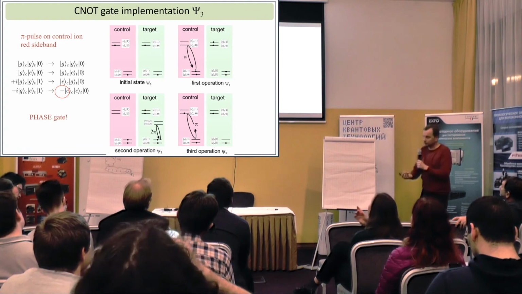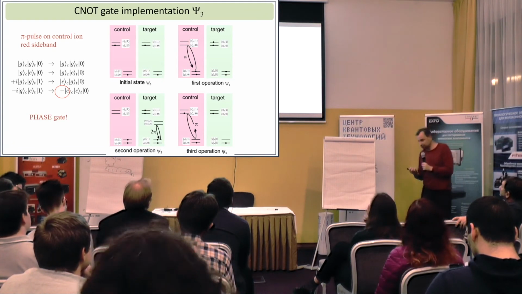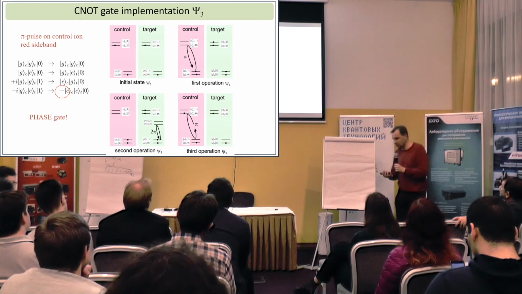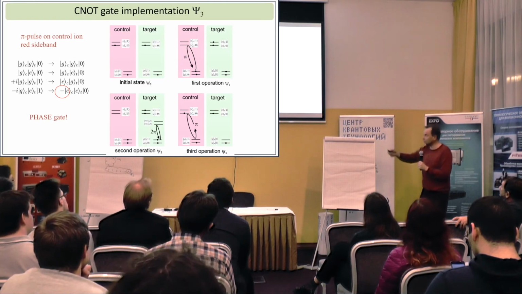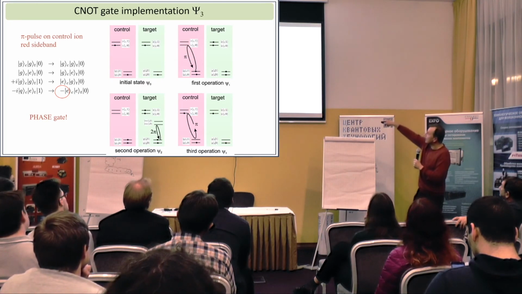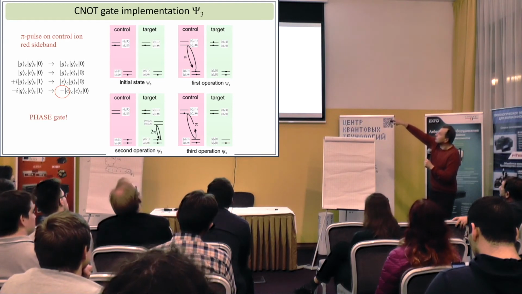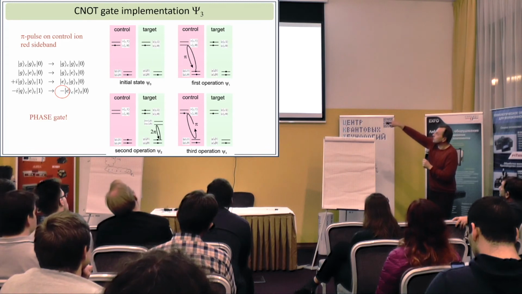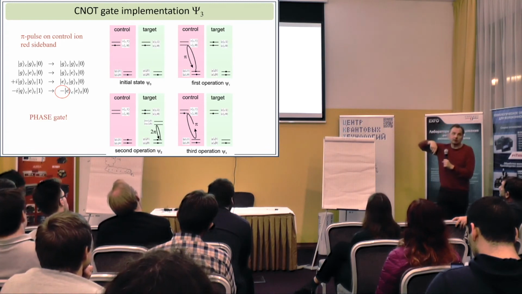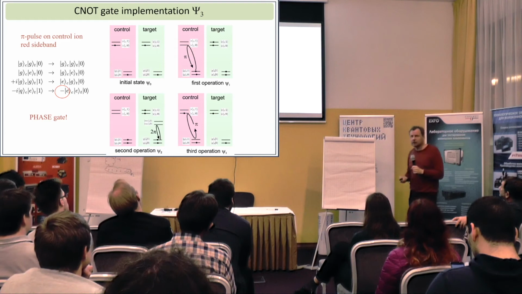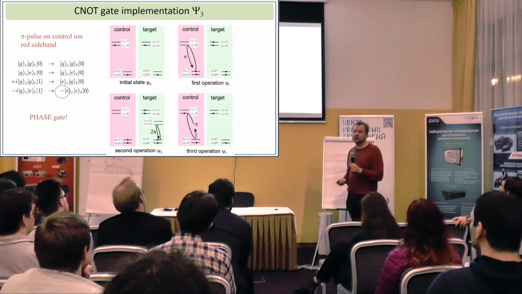We take the vibration from the system, because we would like to return it back to the non-vibrating state. And what we see at the end is everything basically like at the beginning, but with a sign minus at the last part. Generally, that's all, because we implemented the phase gate.